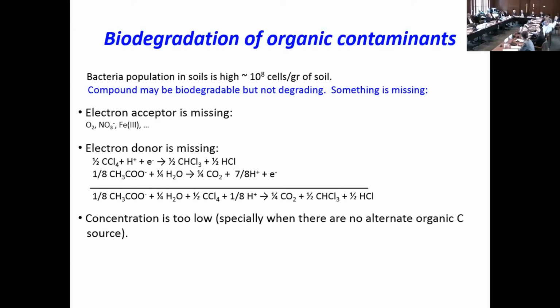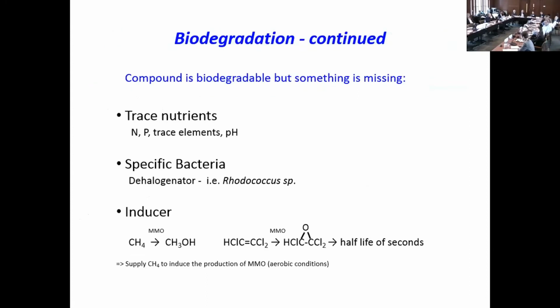Sometimes the concentration is just too low, especially if I have a single pollutant. It doesn't give the bacteria enough energy to grow. Or the concentration may be too high and it's toxic. We have trace nutrients that may be missing. Sometimes a specific bacterium is missing. Dehalogenation, the groundwater remediation folks have this dehalogenating Rhodococcus, so they grow it, they inject it into the ground, and you can dehalogenate compounds fairly quickly.